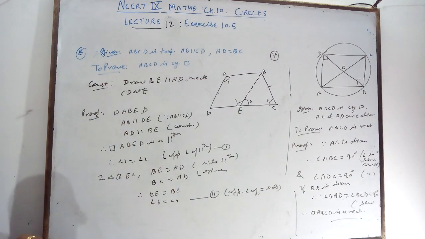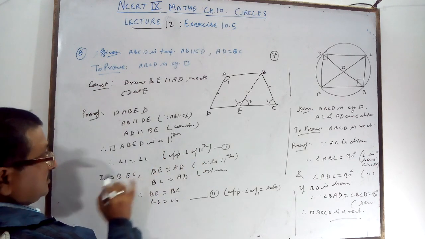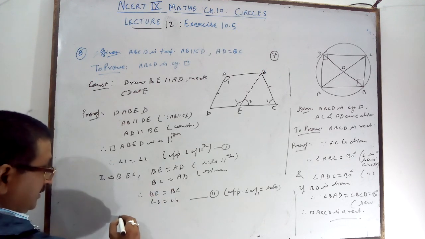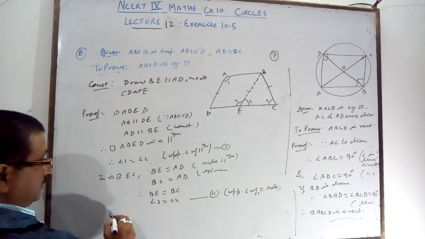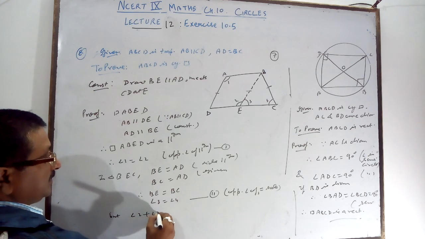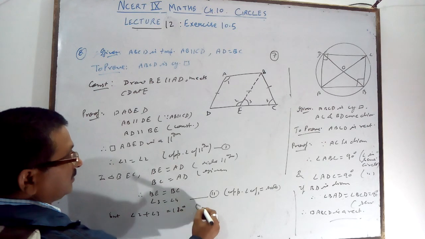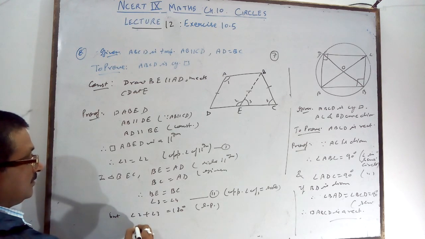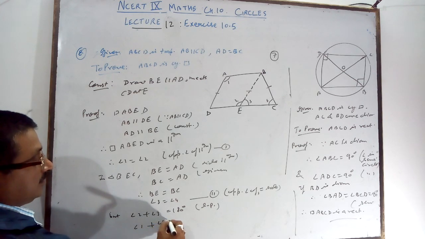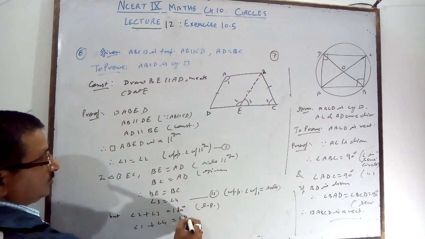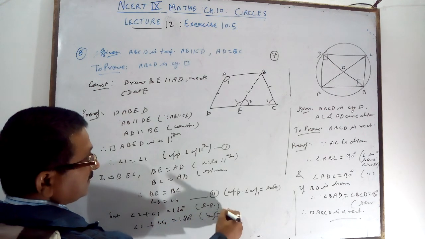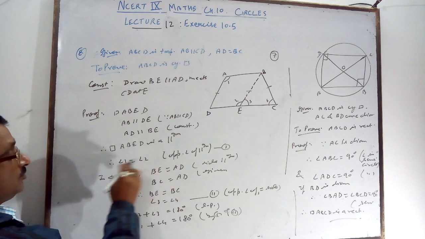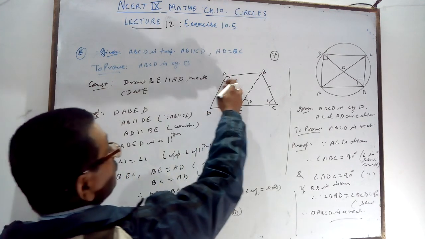By first, angle 1 is equal to 2. By second, angle 3 is equal to 4. But angle 2 plus angle 3 gives you 180 degrees, by linear pair. So replacing 2 by 1 and 3 by 4, angle 1 plus angle 4 is equal to 180 degrees.